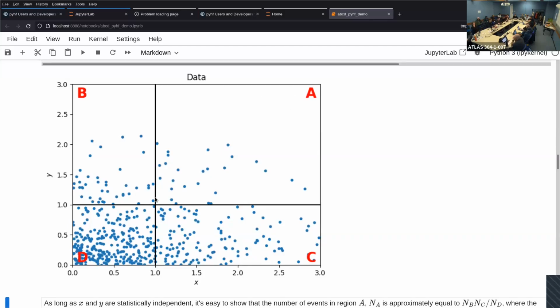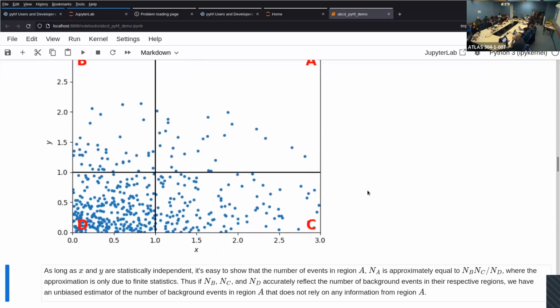It has the lowest statistics. Ideally, that means the lowest background, because most of these events are background. So wherever the statistics are lower, that's where the lowest background is. So in a real analysis, you optimize these cuts to get the best sensitivity, the most signal with the least background.